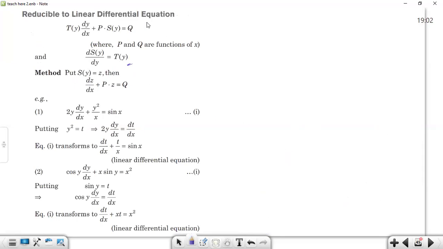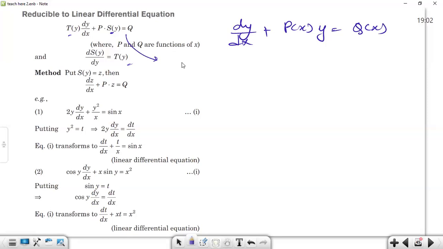Earlier, the linear differential equation was dy/dx plus P of x into y equals Q of x. But here the problem is that there is a function of y getting multiplied with P. P and Q are still functions of x, but a function of y, f(y), is also multiplied with P. And there is also another function, the derivative of f(y).